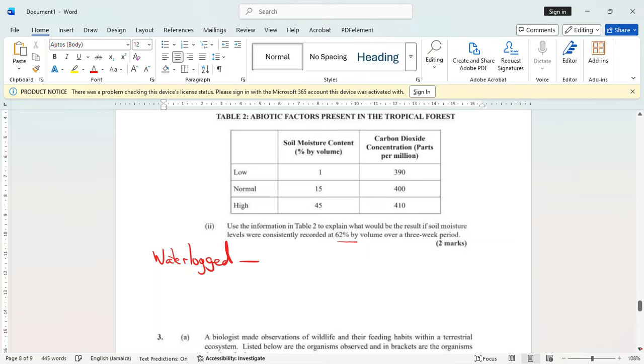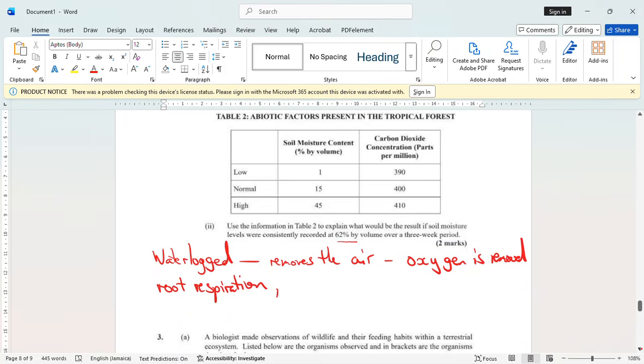Now, if you have a soil that is waterlogged, what it does is to remove the oxygen or remove the air. Now, if the air is removed, oxygen is removed. And if oxygen is removed, so plants living in that area, root respiration is going to be affected.